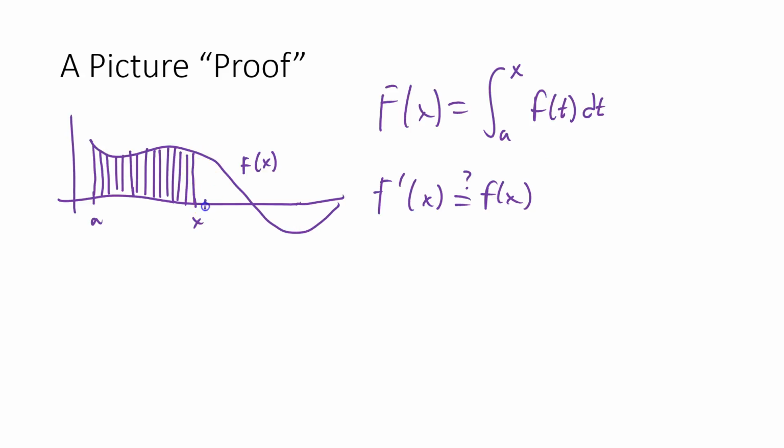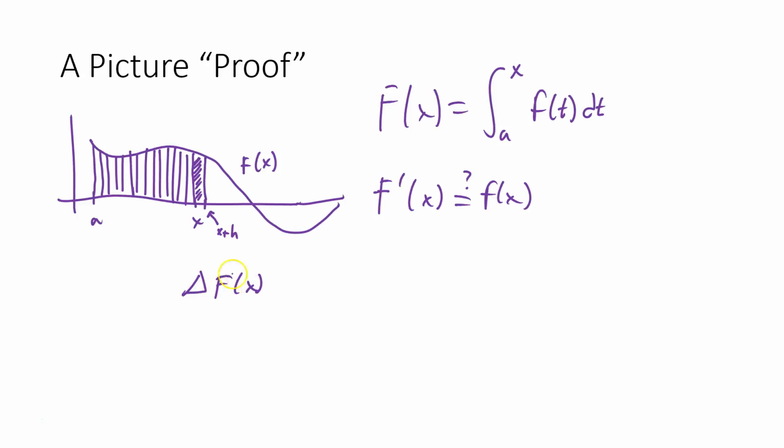So if we go just a little bit further, and there's a letter we use for that a lot. Let's say that that value right there is x plus h. And we want to think about that area right there. Because if h is very small, that area is really how the graph is changing at that moment. So what that would mean is the amount that the accumulation function is changing.